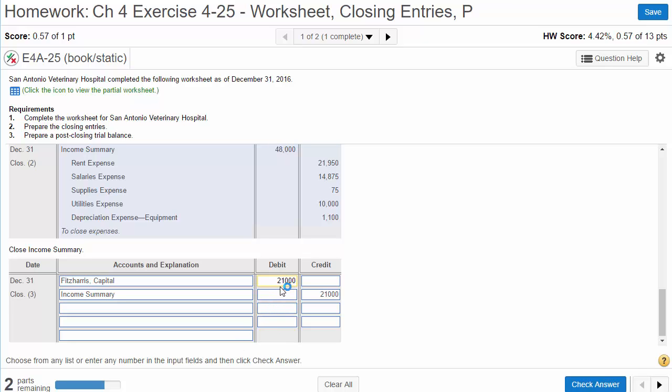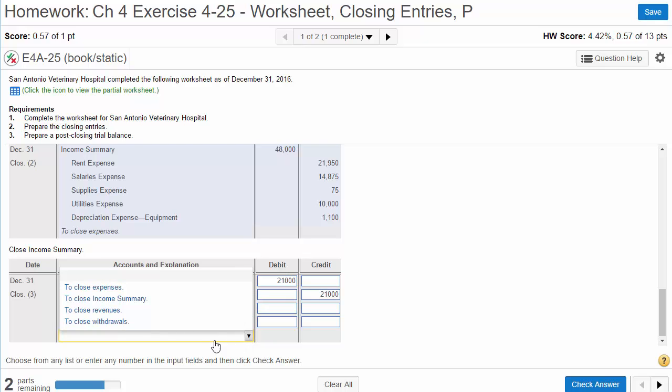So make sure that we are making capital go up or down correctly. Since this income summary contains a net loss, how does a net loss affect capital? Does it make it go up or make it go down? It makes it go down. And then how do we make capital go down? With a debit. So that makes sense. So we are closing income summary.